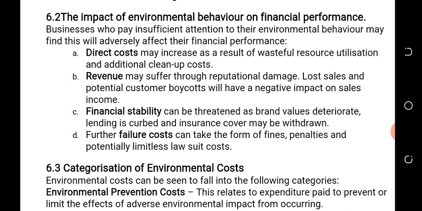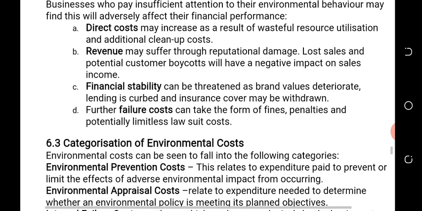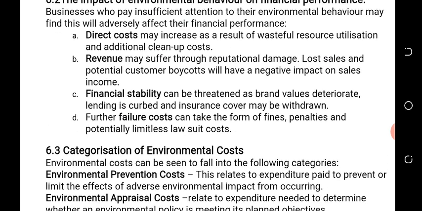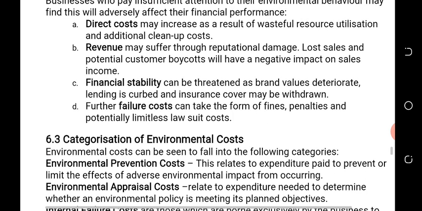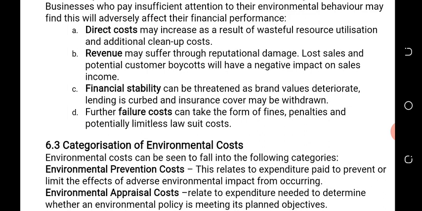It also affects your revenue because when there is damage, or the government fines a company for not complying with environmental policy, or the company's waste affects the livestock and aquatic animals in the water, or affects the river, or pollutes the environment, this will give the company a bad reputation.